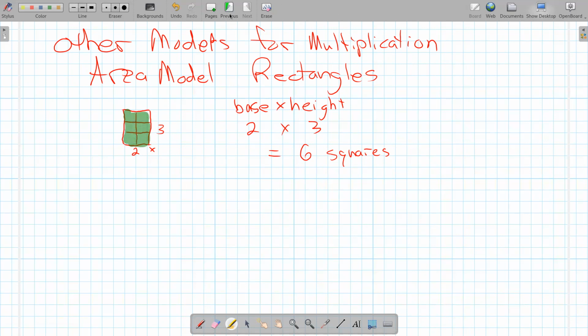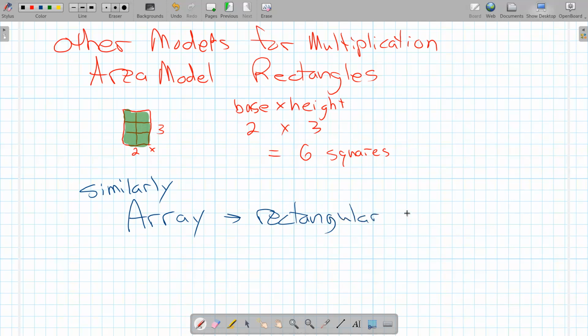The way I drew the groups of is often called the array model. So similar but different. The array model. And an array is just a rectangular grouping of things. And really, it's just a picture of the groups of model.